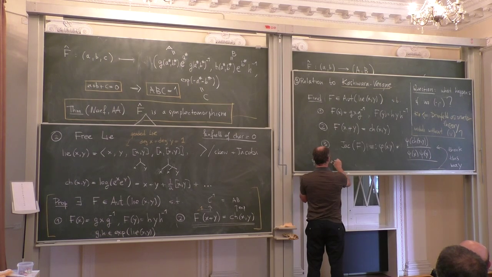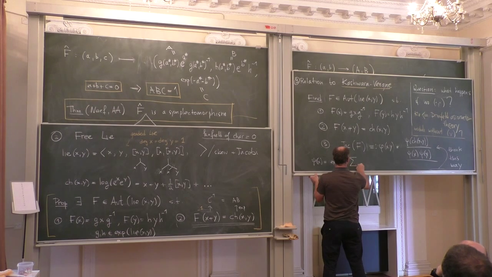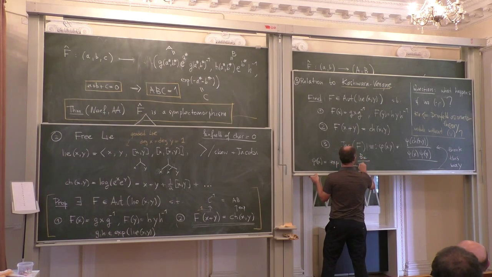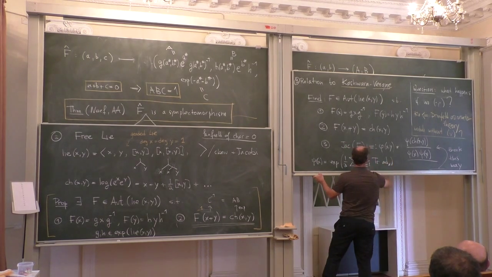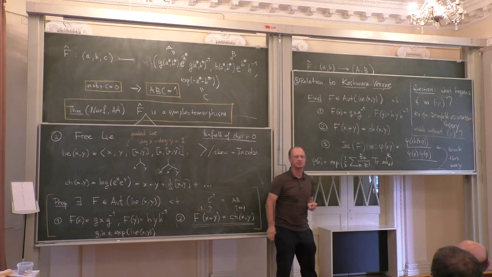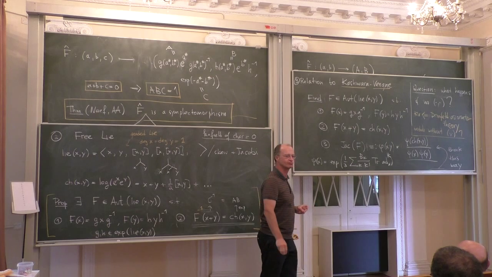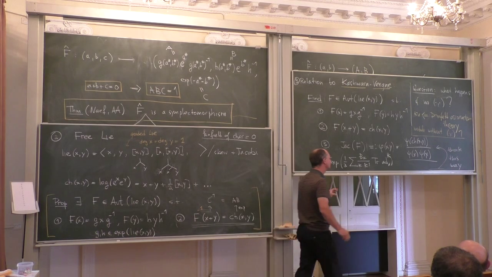So this is the exponential of 1/2 sum d_k x^k, where d_k are Bernoulli numbers. Presumably this x is a generic variable. Yes, this was for the Lie algebra case.